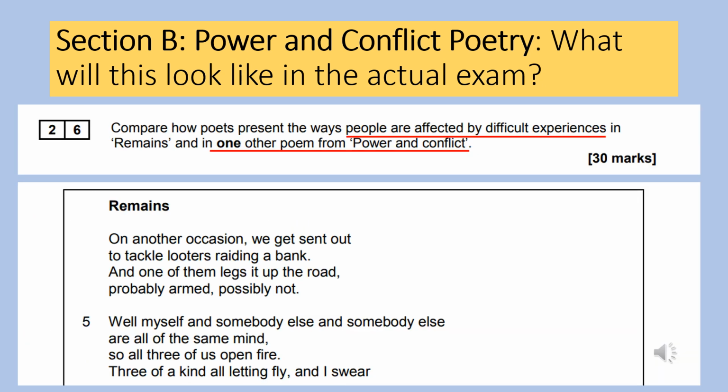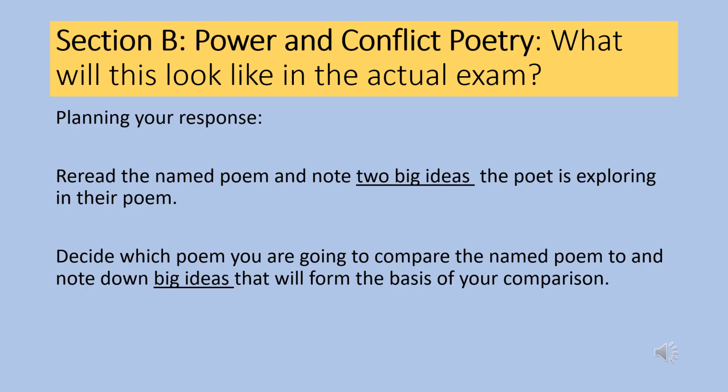So when you look at the question, just like before, highlight the key important information from the question. So this question says, compare how poets present the ways people are affected by difficult experiences in Remains and in one other poem from Power and Conflict. When planning your response, you need to reread the named poem and note down two big ideas that the poet is exploring.